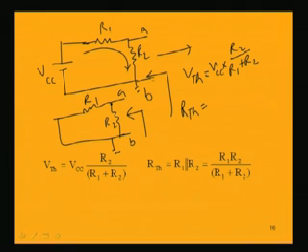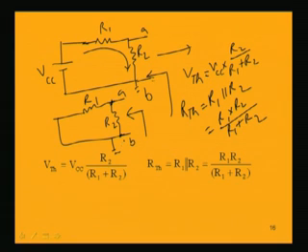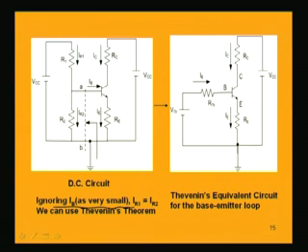These two resistances are in parallel, R1 parallel R2, that means R1 into R2 by R1 plus R2. That is what we get for this circuit to the left of base, A to ground, so across this AB we are getting this Thevenin's equivalent circuit.